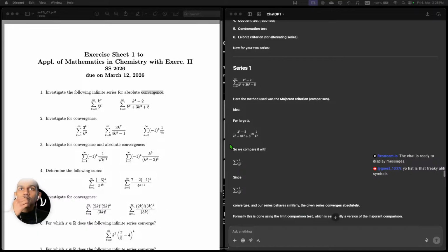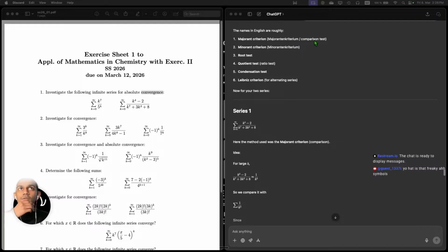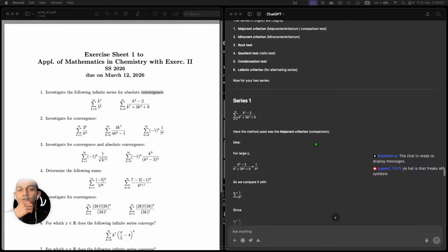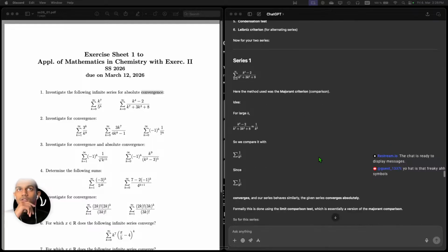So we compare it with, so it's a comparison test, right? Comparison test or majorant criterion. Okay, so we compare it with a known series. It converges and our series behaves similarly, so the given series converges absolutely.